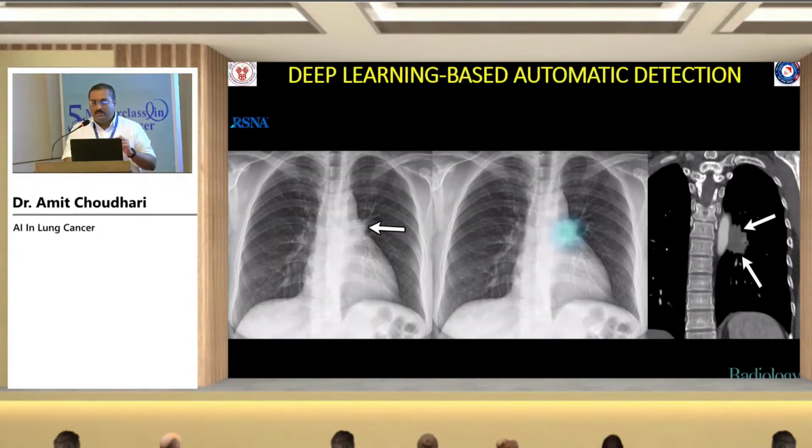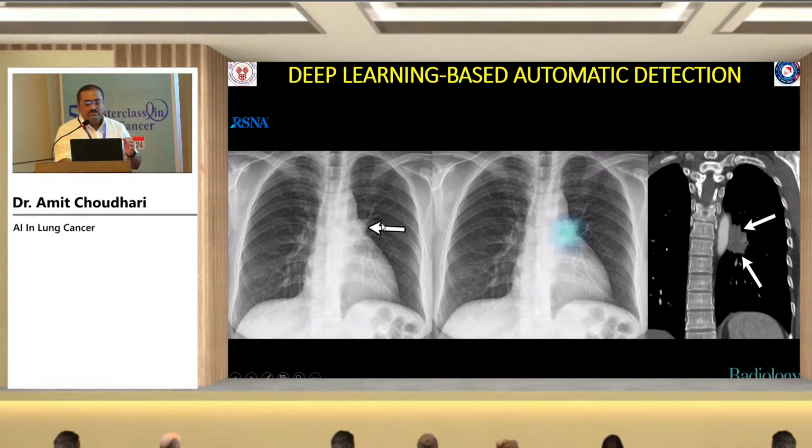Moving on to applications, the first amongst which is deep learning based automatic detection. So at times there can be subtle masses or abnormalities which can be difficult to decipher by the human eye. And that is where deep learning based automatic detection techniques, that is a classifier based technique, can be used for detecting such subtle abnormalities.